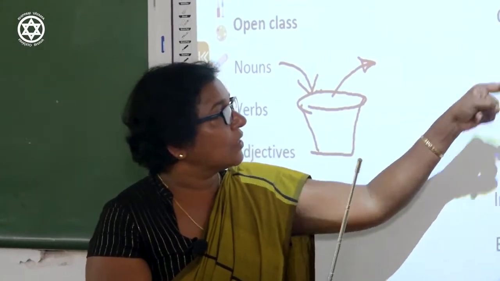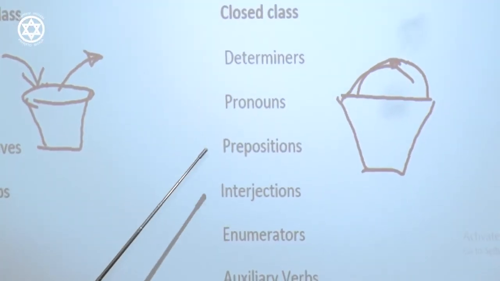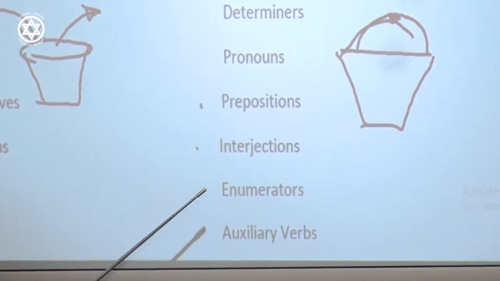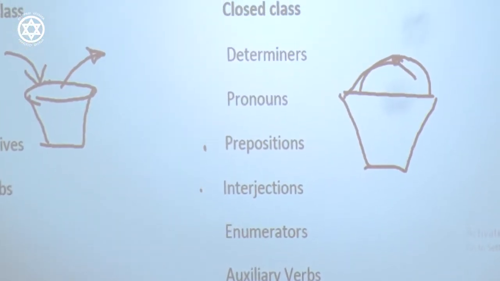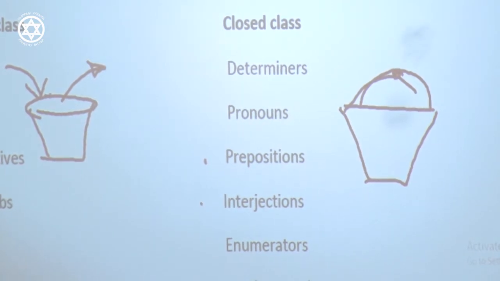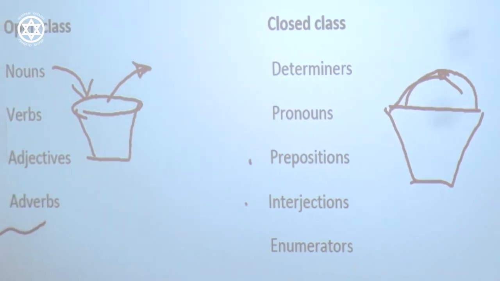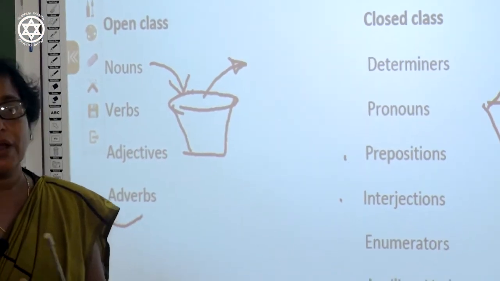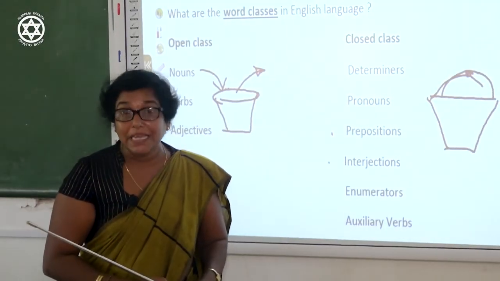Now, when you look at the closed class, these are determiners, pronouns, prepositions, interjections, enumerators and auxiliary verbs. There are only limited words in this list, so you cannot add new words, and you cannot take out the existing words. We cannot call them lexical words because they do not have any meaning.